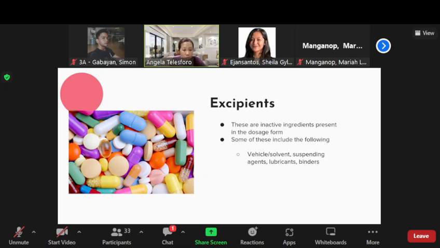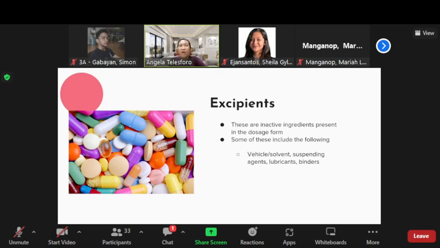So what we do is that we make it into a dosage form na tablet sa adult, syrup sa children, drops sa babies. So to be able to make it into a dosage form, we need excipient. So your excipients are the inactive ingredients which is present in the dosage forms. And this can include your vehicle or solvent if you are going to make a syrup.